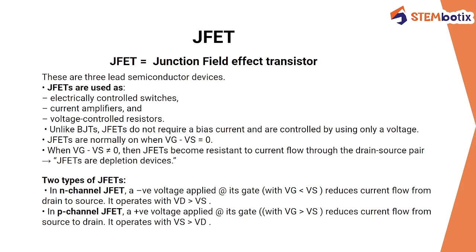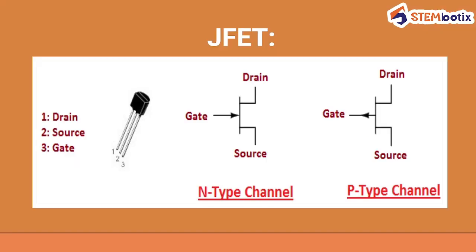There are two further types, N channel and P channel. A negative voltage applied at its gate, meaning VG is less than VS, reduces current flow from drain to source. While a positive voltage applied at the gate, meaning voltage at gate is higher than voltage at source, reduces current flowing from source to drain.